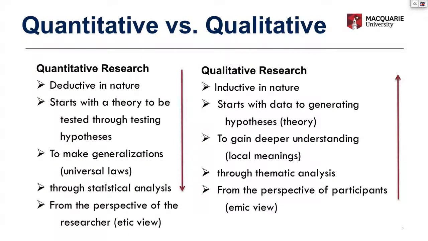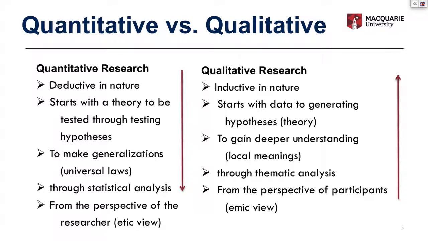Some highlights of the distinctions between qualitative and quantitative methods, as you can see here, and as I clarified in my previous videos, is that quantitative research is generally said to be deductive in nature.